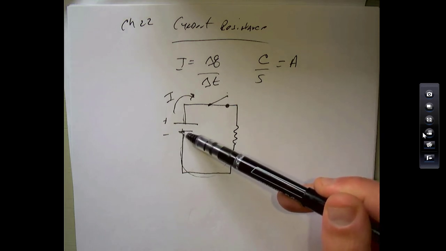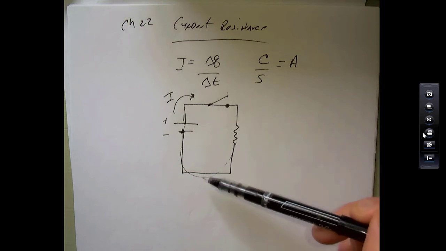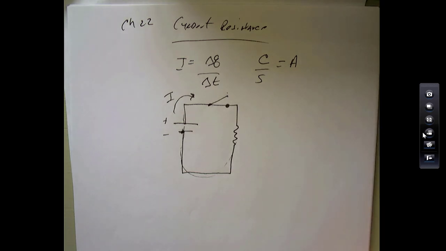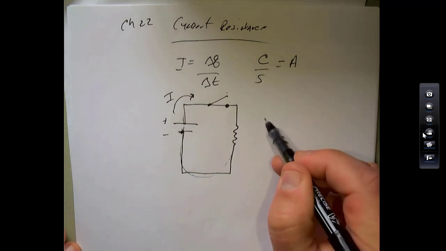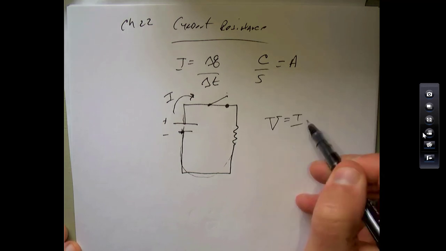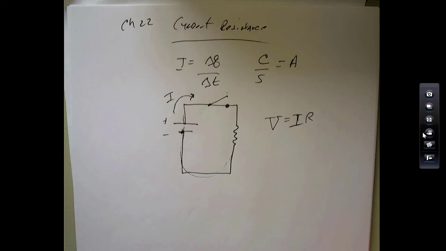The ski lift, that's the battery in this analogy, lifts you back up to the top, and then you're free to go back through the whole circuit again. So the amount of current that you have is proportional to the voltage that you have here with the battery. So this is where we first saw Ohm's law. So V is equal to IR. So chapter 22, we just started talking about circuits, and then chapter 3, we did a lot more with circuit analysis.